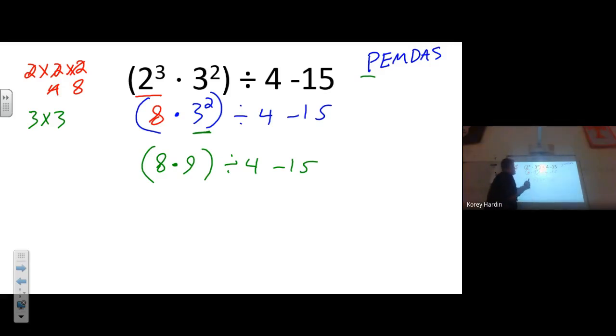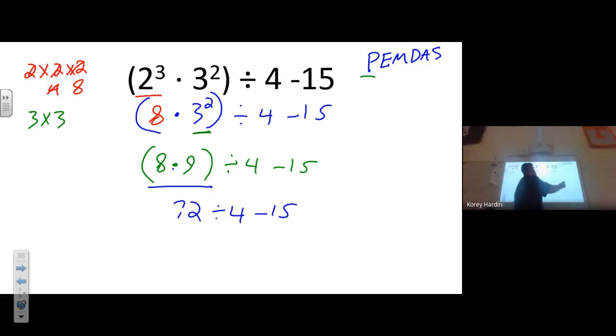What you have, parentheses still. So I'm going to multiply what's in the parentheses because this does mean multiplication. 8 times 9 is 72. Divided by 4 minus 15. I'm done with my parentheses step.